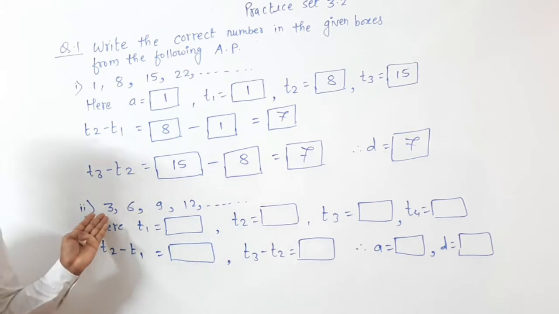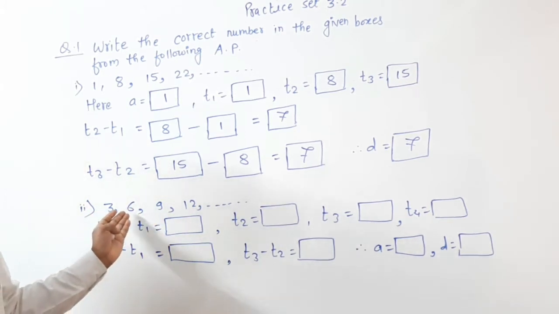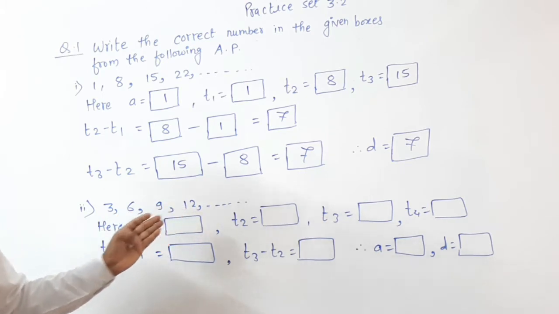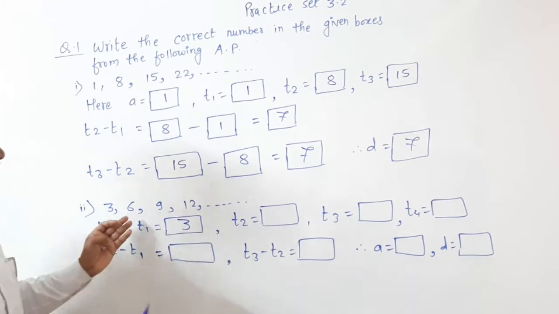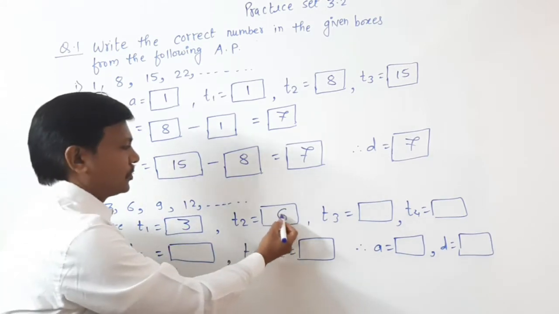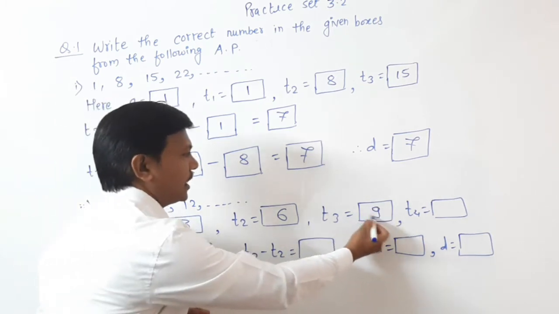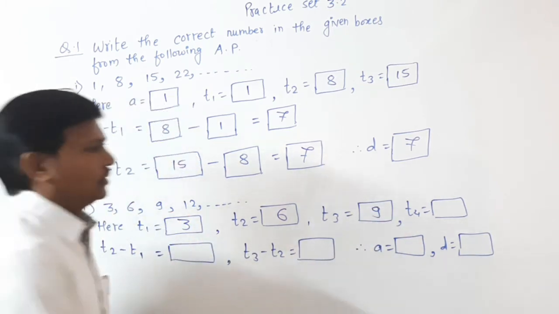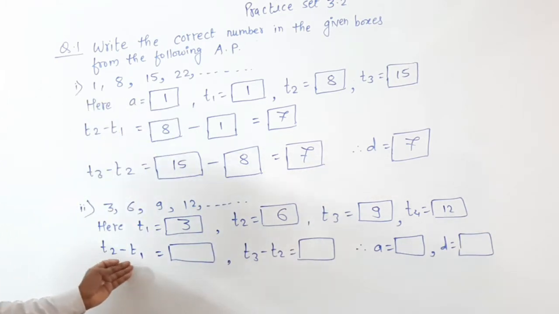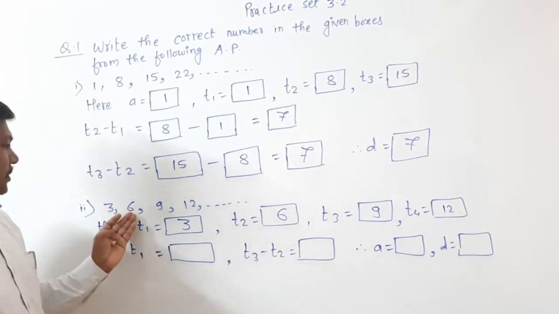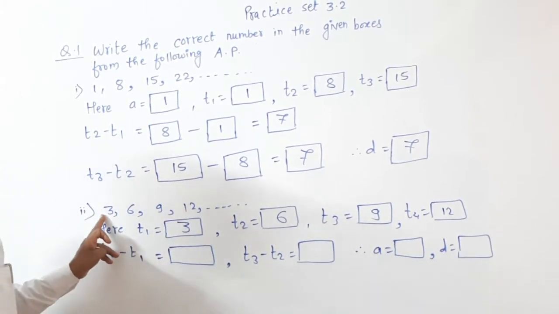Similarly, the second arithmetic progression, that is 3, 6, 9, 12. So here the first term T1 is 3, T2 is 6, third term T3 is 9 and T4 is 12. So similarly T2 minus T1, that is 6 minus 3.